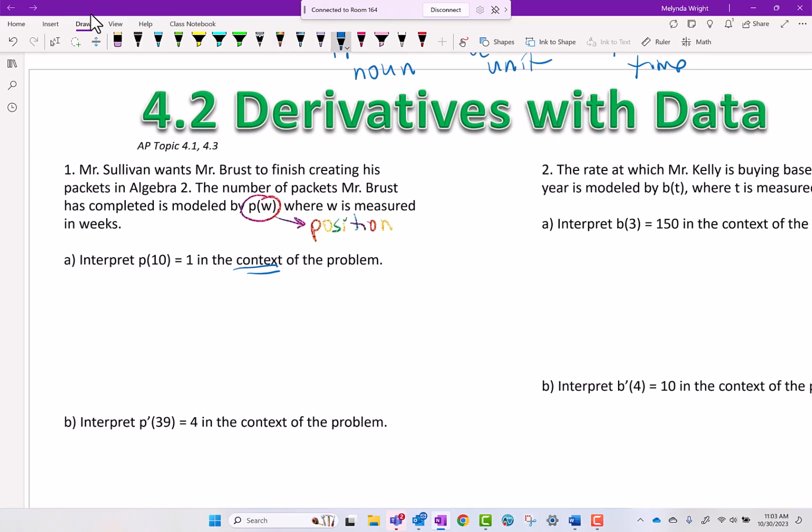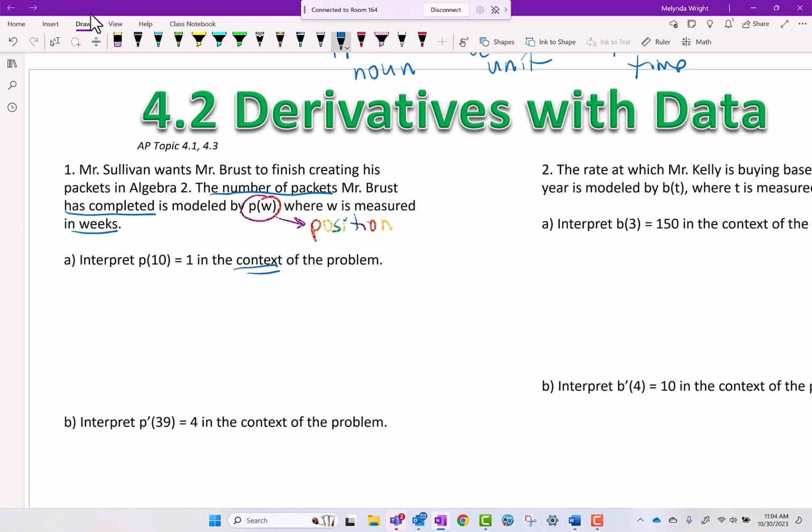And what does it do? It's the number of packets completed in weeks. That's what that stands for. So we got to kind of get our minds wrapped around that. So P is the number of packets, W is the weeks.